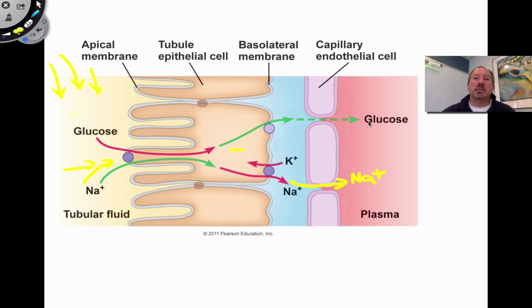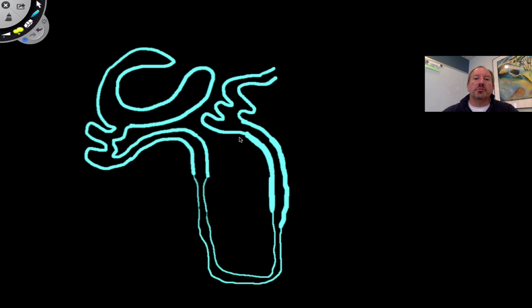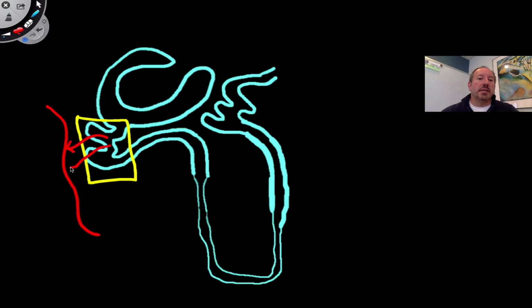So it's a detailed look at how it uses active transport to then allow glucose to come into the cell along with sodium. This is where the energy is being put in over here, but it has great benefit. I find that detail kind of interesting. So all of that is happening right here. All that detail was basically saying the cells are reabsorbing glucose and sodium at this point.